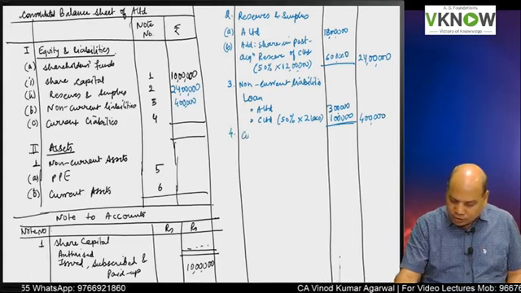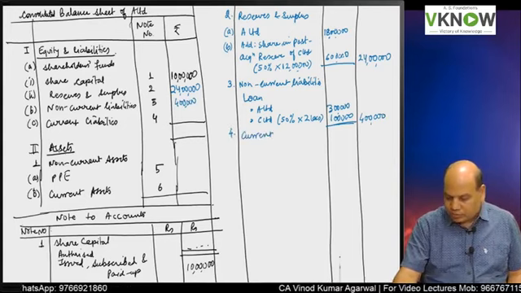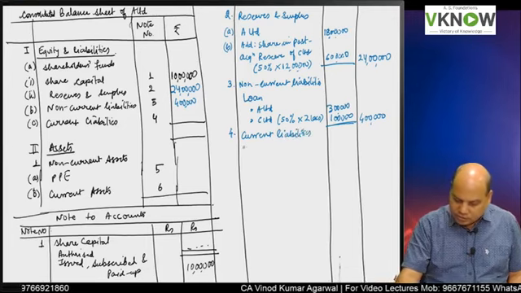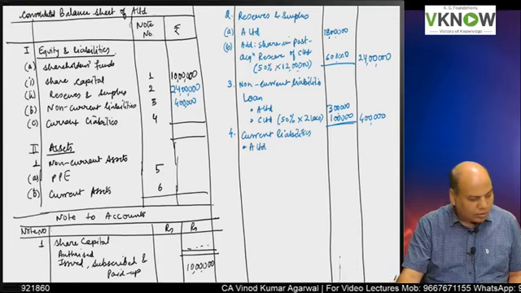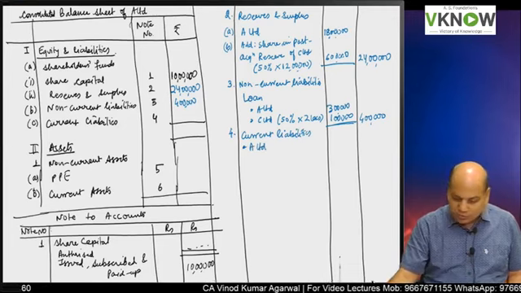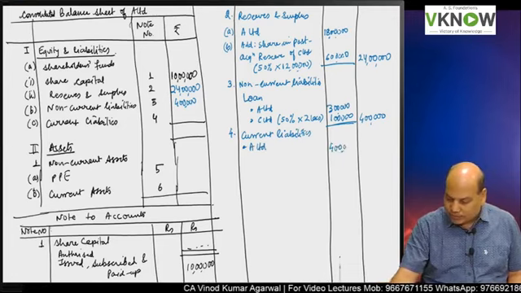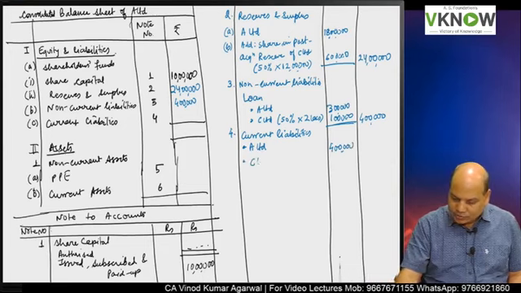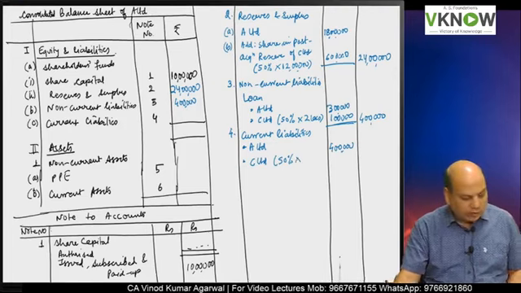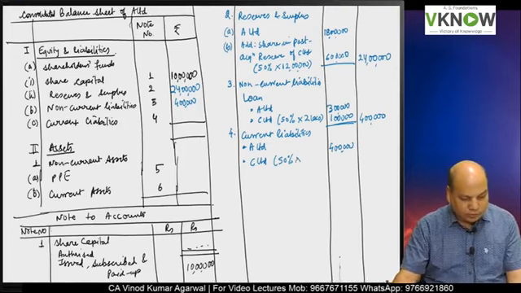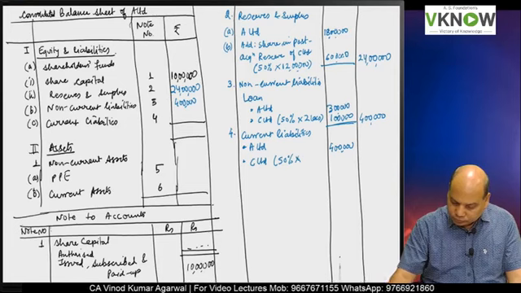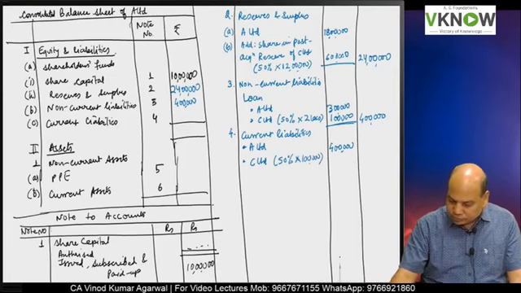Note number 4 write down. Current liabilities, same presentation. A Limited own current liability is 4 lakh and in the C Limited we have 50% share, so we will write 50% of 1 lakh, that is 50,000.